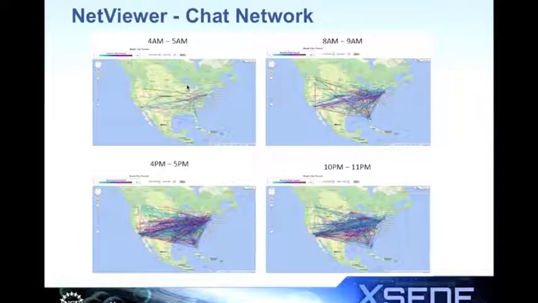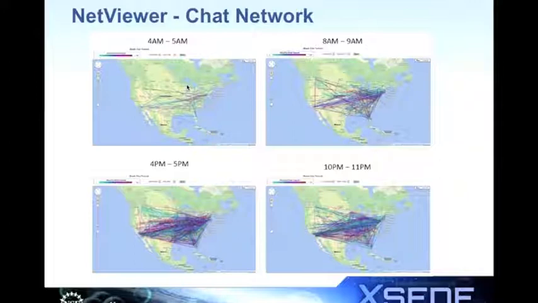This picture shows some output from the Net Viewer. This shows a chat network over 48 U.S. continental states at 4 different hours. The line is drawn here and has different colors. The light blue color means lower volumes, and the dark red color means higher volume.